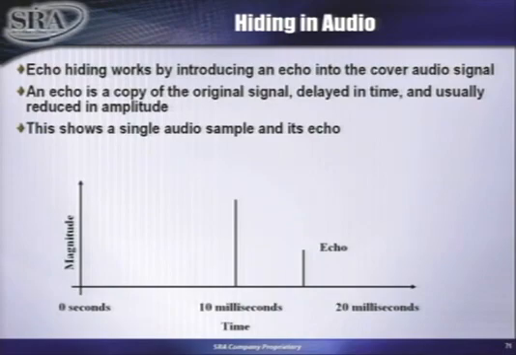One delayed 1 millisecond is 1 bit, and one delayed half a millisecond, as an example, maybe a 0 bit, something like that. This just shows a magnitude, and here's 10 milliseconds, and then the echo, 20 milliseconds. It's just the reverb control on your stereo, for those that mess with that.